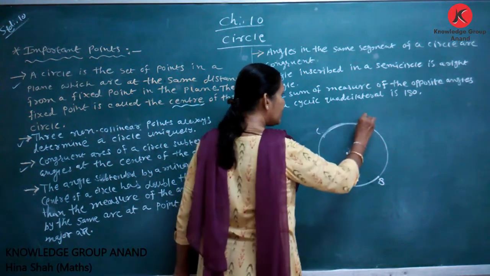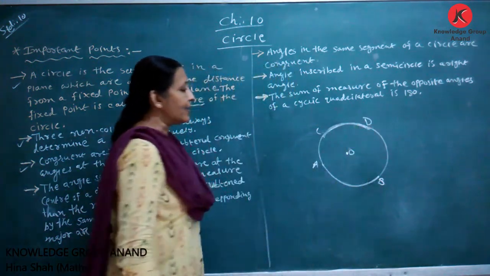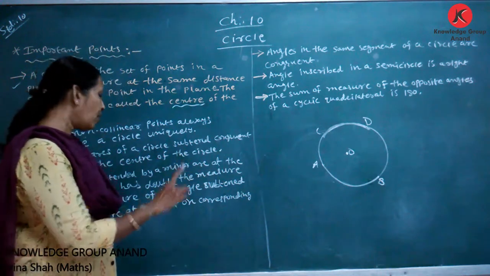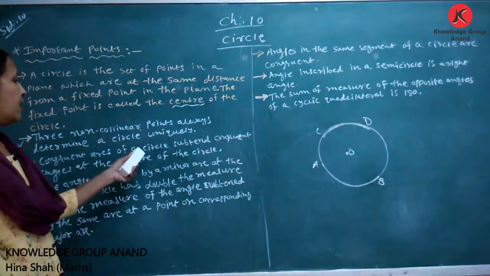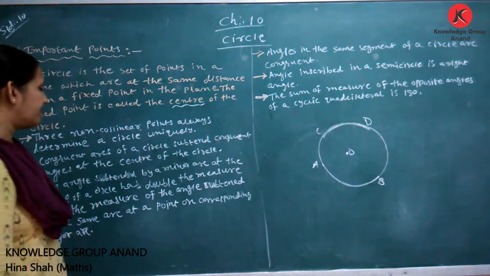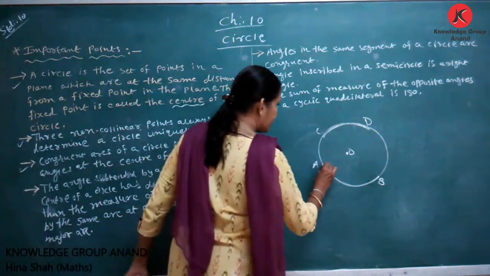Congruent, therefore their measures are equal. Congruent arcs of a circle subtend congruent angles at the center.